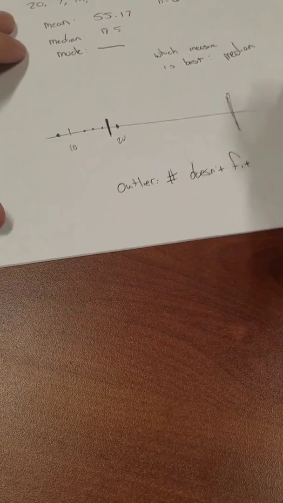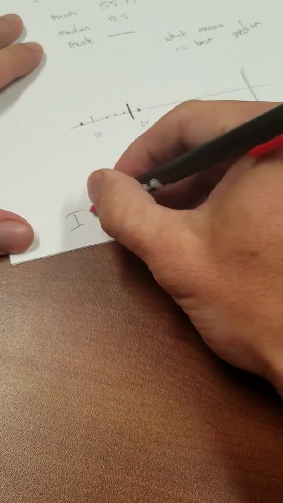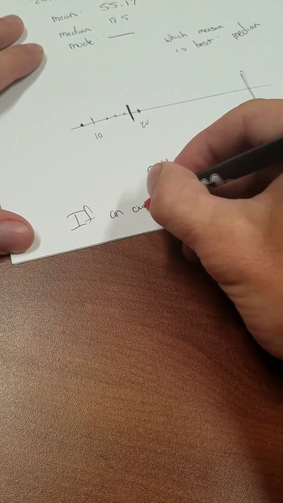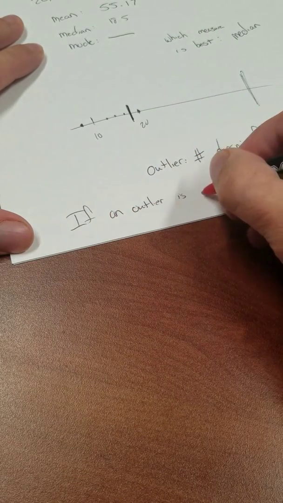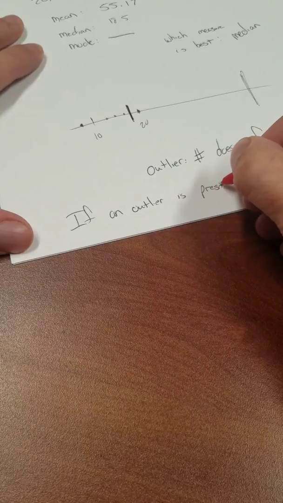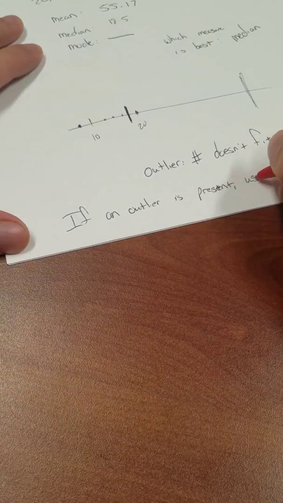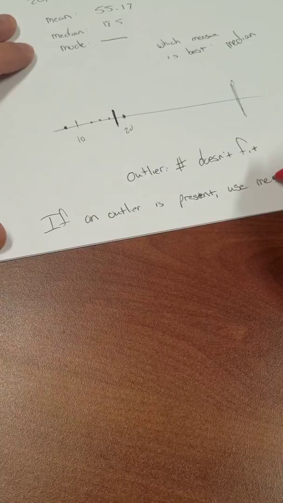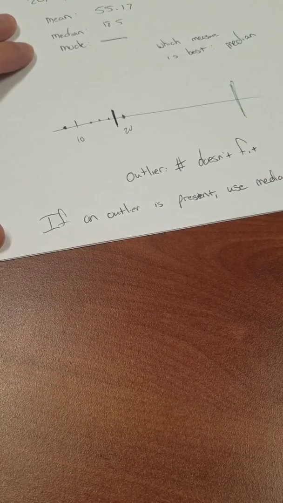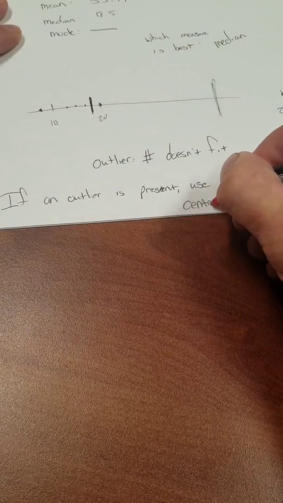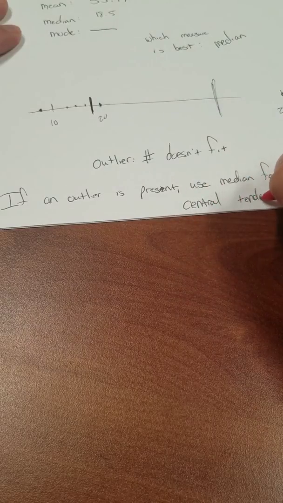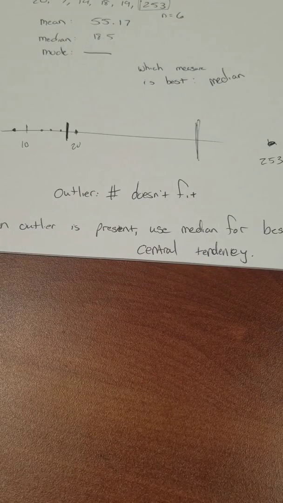So here's a good rule to follow. If an outlier is present, use median for best measure. If there's not an outlier present, more than likely your mean and your median are going to be really close together either way, so it's really not going to matter.